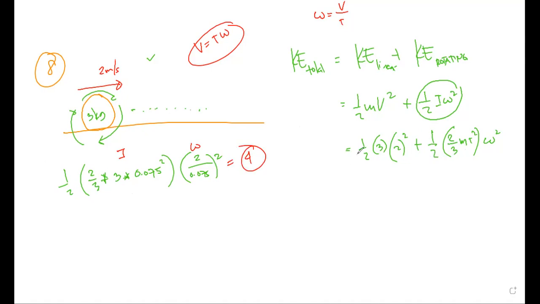Okay, so kinetic energy would be equivalent to okay, so this would be 4 to 6, no? So plus 4. So that would be 10. Unit of energy is in joules.